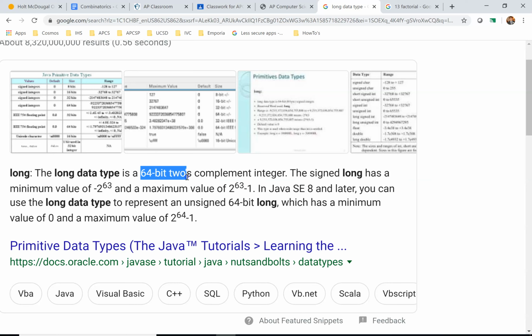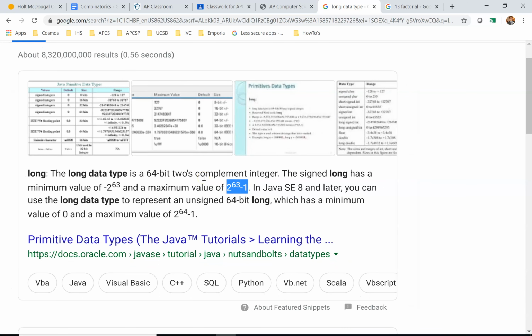So 4 times 8 is 32. So with long you can store 64 bits worth of information, significantly more. And the biggest number you could represent with the data type of long is 2 to the power of 63 minus 1, which is huge. And so if you want to store numbers that are bigger than 12 factorial, you'd have to use a data type of long.